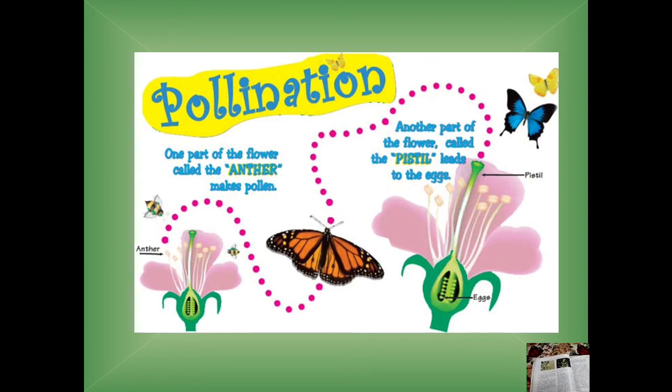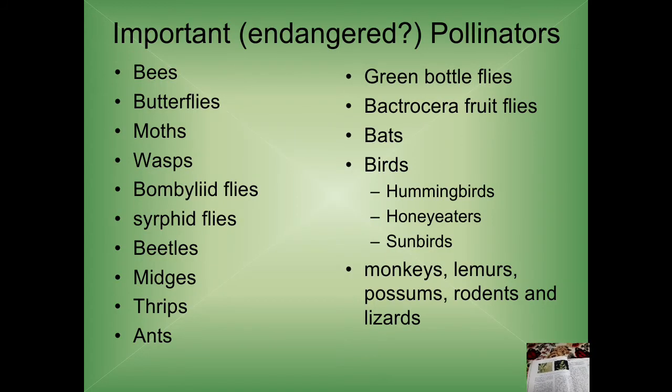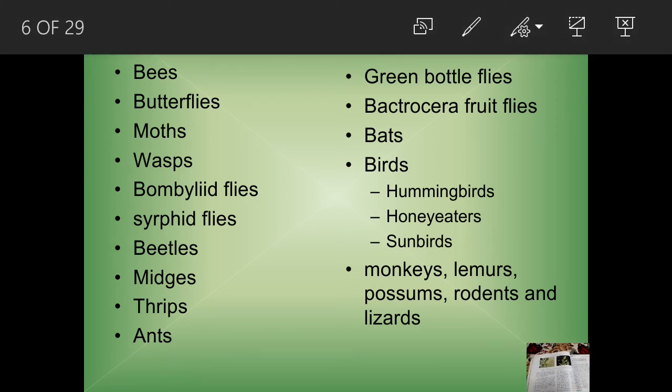So in this pollination, one part of the flower called anther makes pollen, and then an insect, any insect, takes that pollen grains from the anther and transfers these pollen grains to the other flower part, and this is called insect pollination. So these are some endangered pollinators: bees, butterflies, moths, wasps, bombilid.